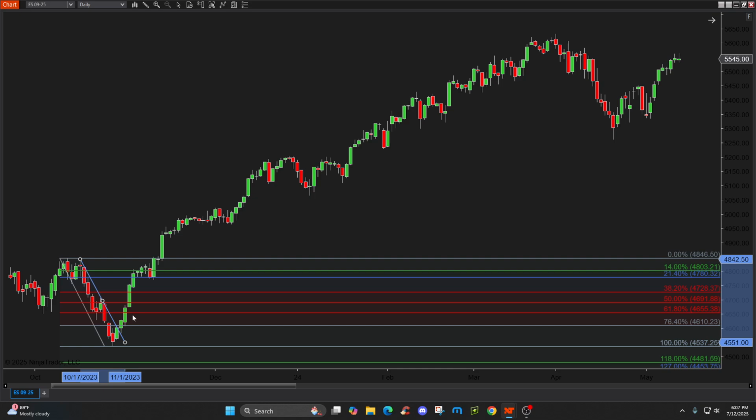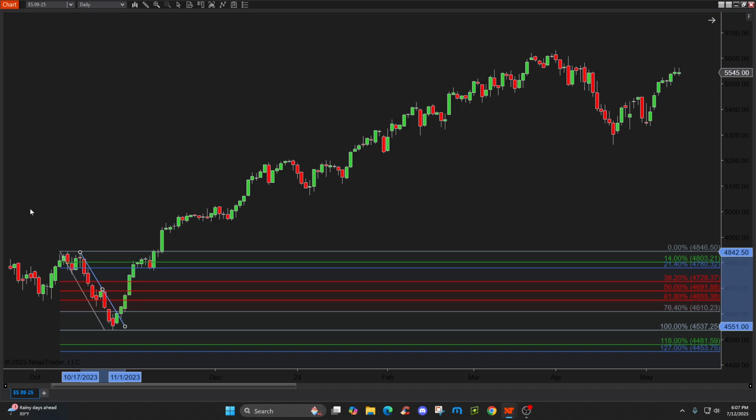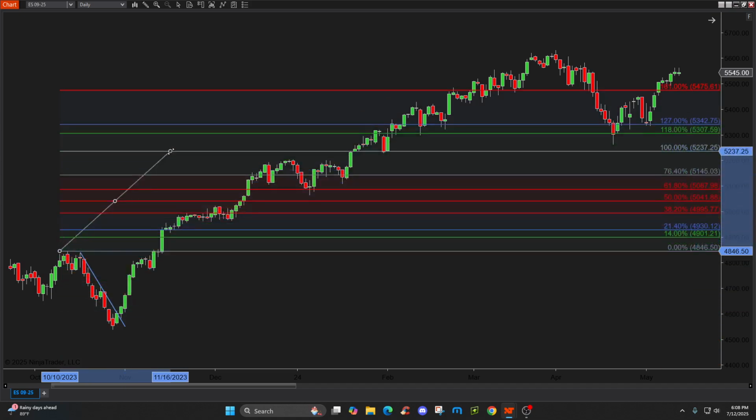But if that is the case, and we believe that this Fibonacci is not going to be valid anymore, we could actually take this now and swing it around, because technically we don't know that this whole thing is going to be invalid till it gets up here.